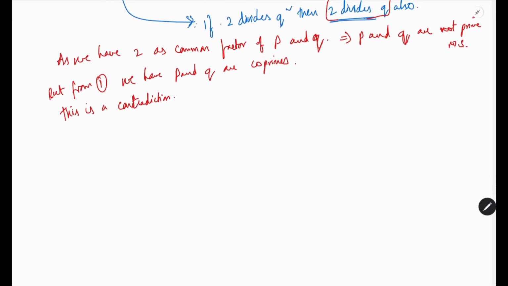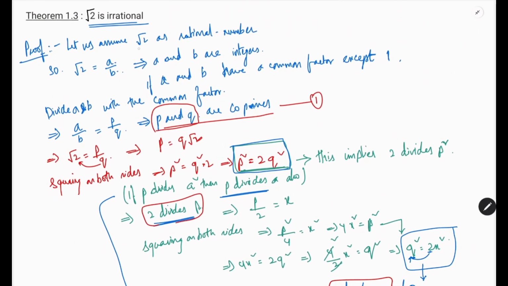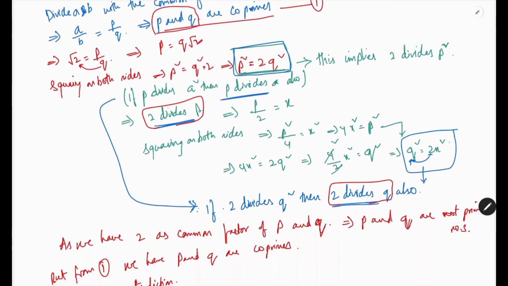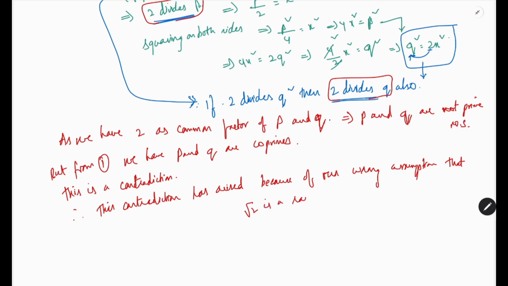And this contradiction has arisen because we have assumed root 2 as a rational number. Therefore, this contradiction has arisen because of our wrong assumption that root 2 is a rational number.